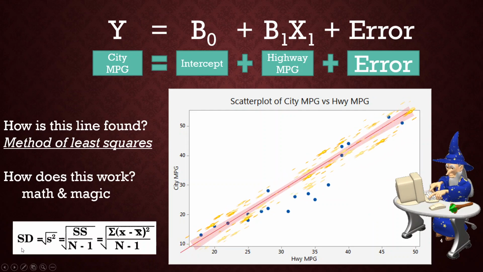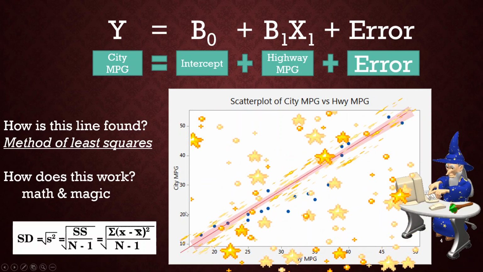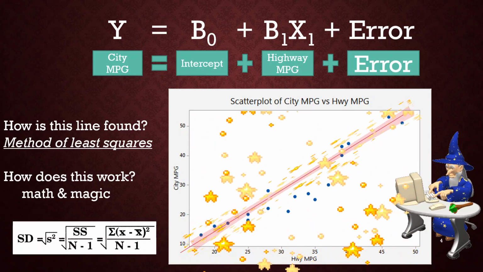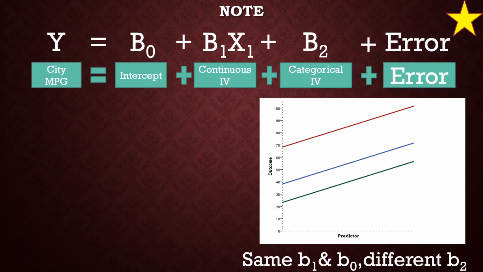We've already learned what a standard deviation is, and then you can kind of guess using these formulas how you might try to minimize the standard deviation by adding in a prediction line there. But honestly, that's too much work. It's better to just continue assuming that this is magic.